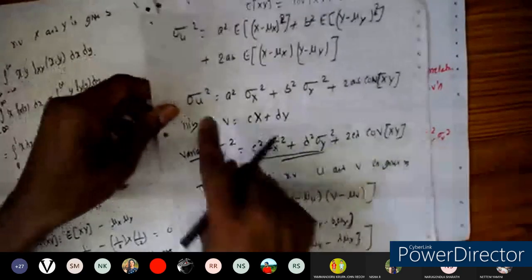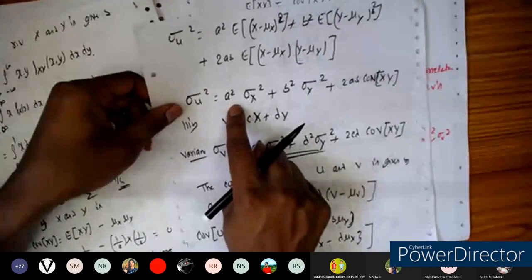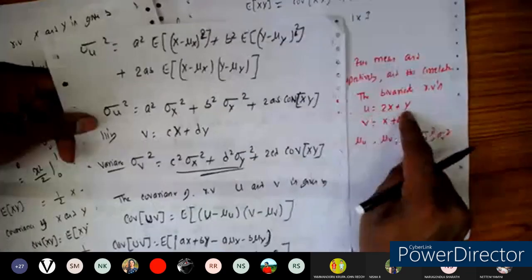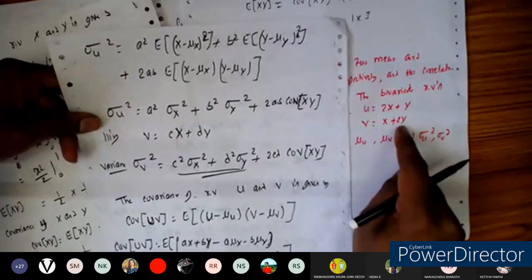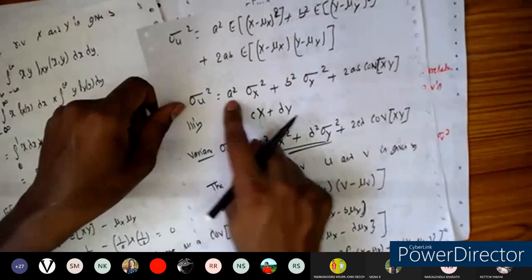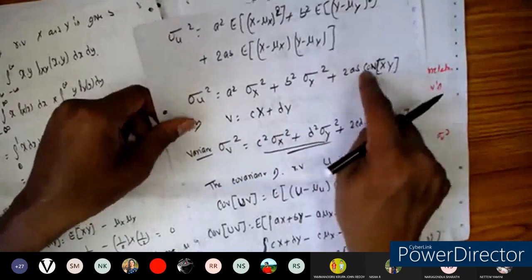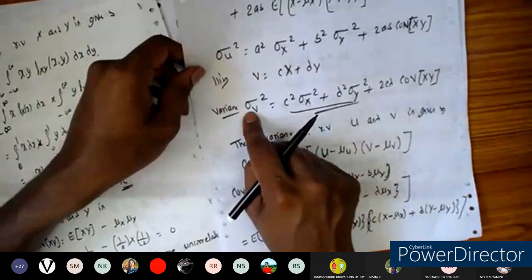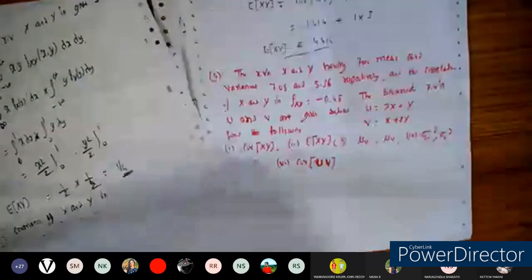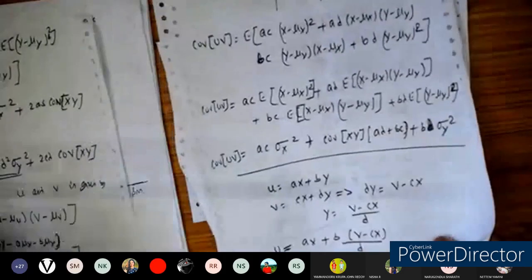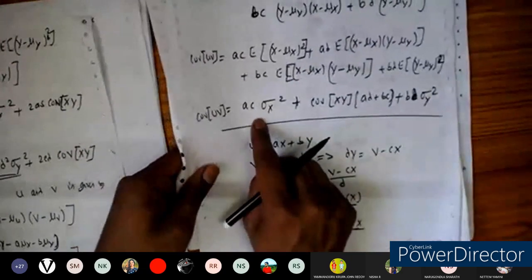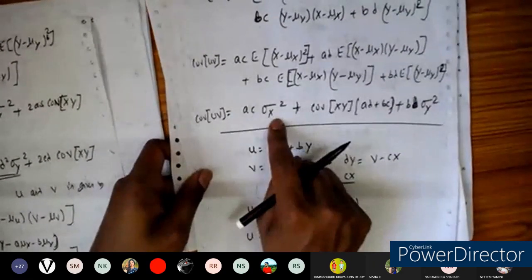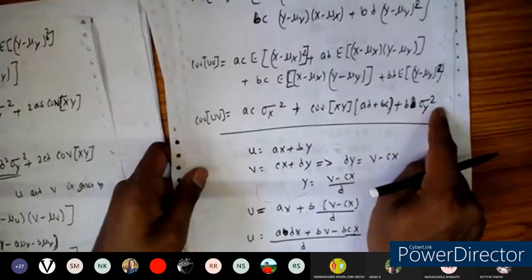Sigma U square and sigma V square we can find by using this formula. Here a is 2 as per the random variable, b is 1, c is 1, and d is 2. So substitute a, b, c, d, and the covariance of X and Y, which you are going to find here. Then find the covariance of the random variables U and V. The covariance is ac into sigma X square plus covariance of XY into ad plus bc, plus bd into sigma Y square.